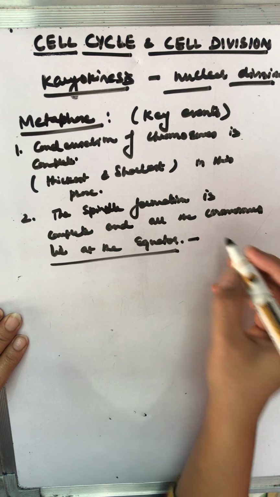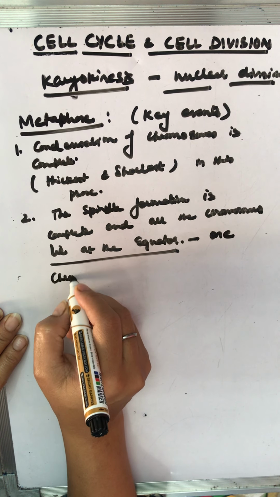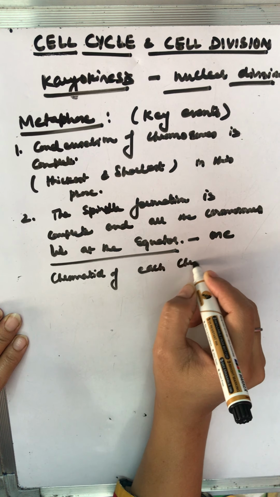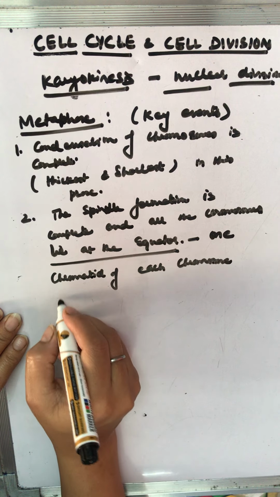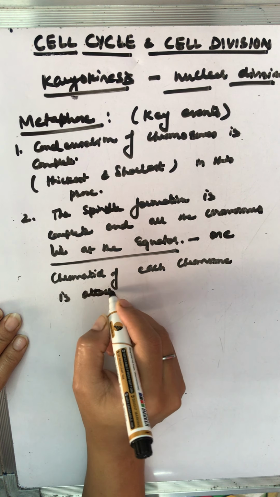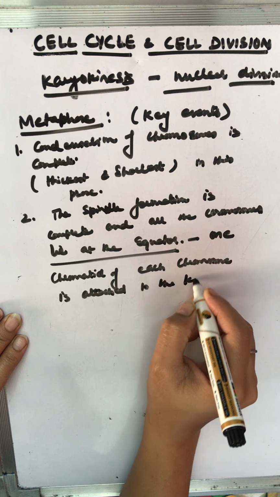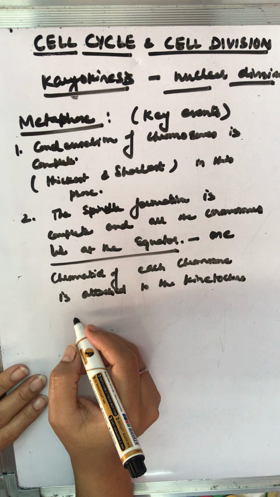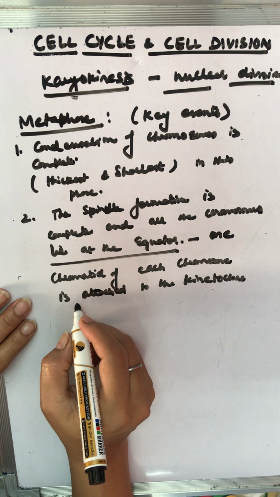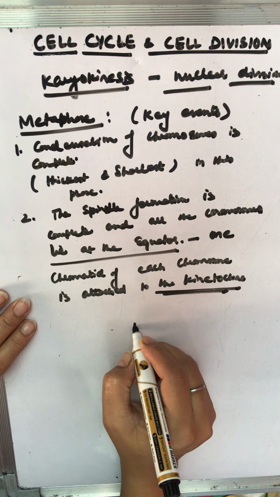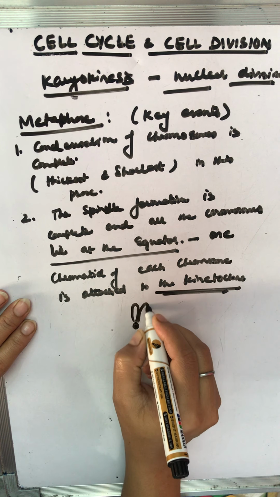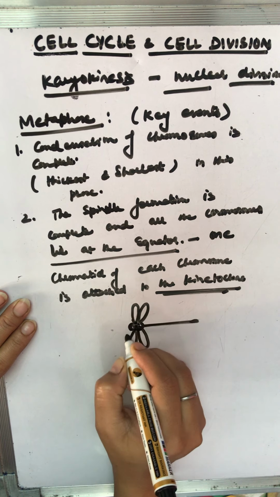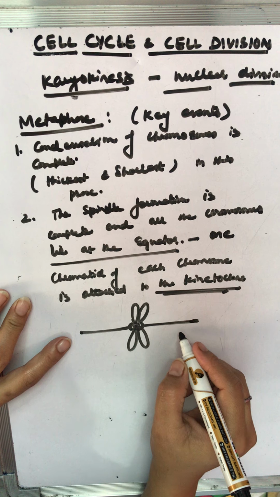What does it mean? It means one chromatid of each chromosome is attached to the kinetochore. I hope you remember kinetochore. This is the link. Remember, I showed you in my previous video that these are disc shaped structures which will bind to the spindle fiber.